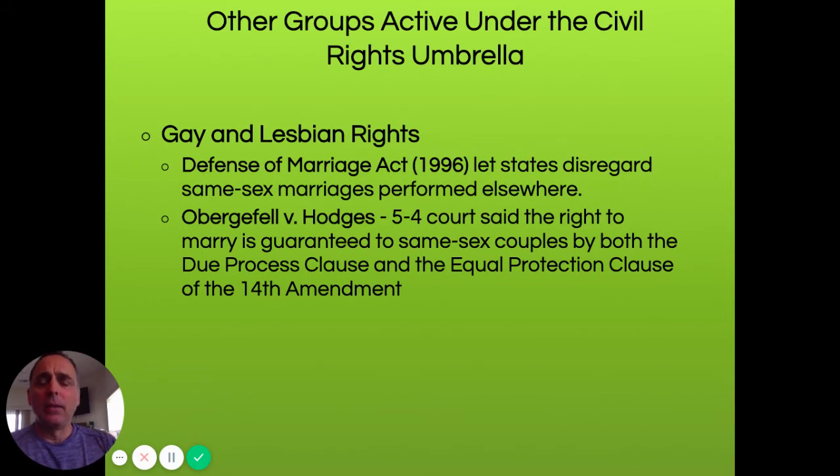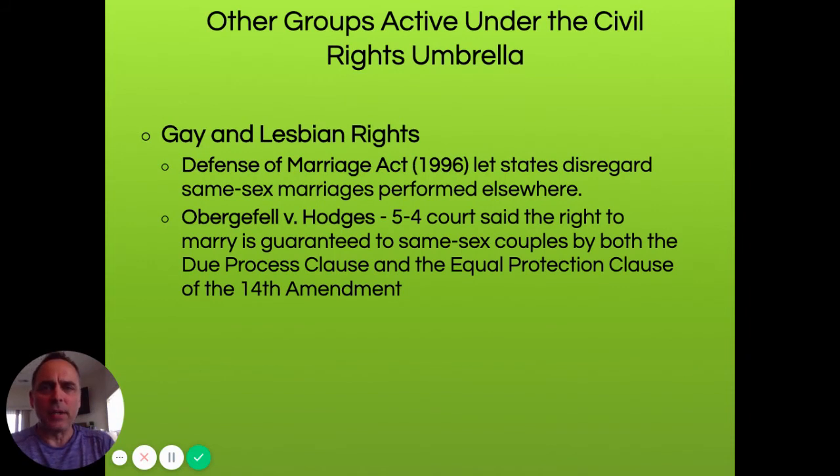And here's why. We started to see states like Hawaii, where the Supreme Court of Hawaii basically said, look, us not allowing a gay couple to get married is against the Constitution, so we're going to allow gay marriage. And then the problem came for the other 49 states: okay, well, we recognize a Hawaiian marriage license.